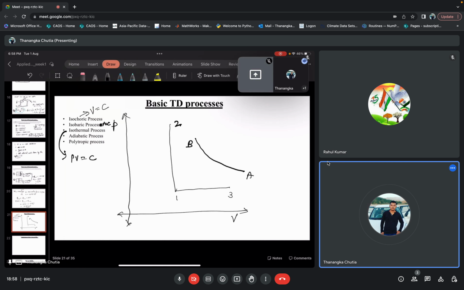Now there is one more process called the adiabatic process. In an adiabatic process, PV to the power gamma equals constant, where gamma is 1.4 for air. Remember, this value differs for different ideal gases.